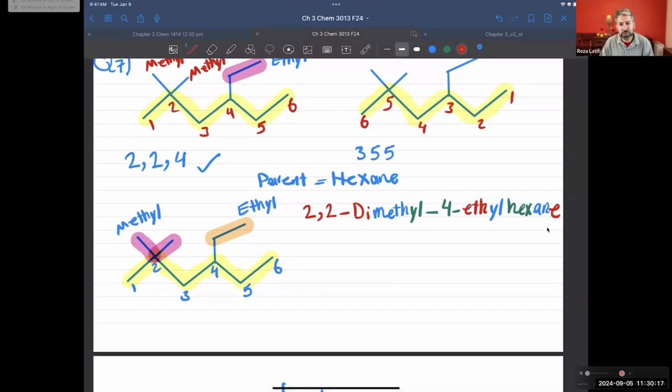Be with me, please. That's one way. Or you might say, how about this? Why don't you bring the ethyl first? Somebody might say, hey, you know what? Methyl starts with M and ethyl starts with E, so E should come first. And in that case, you get 4 ethyl.